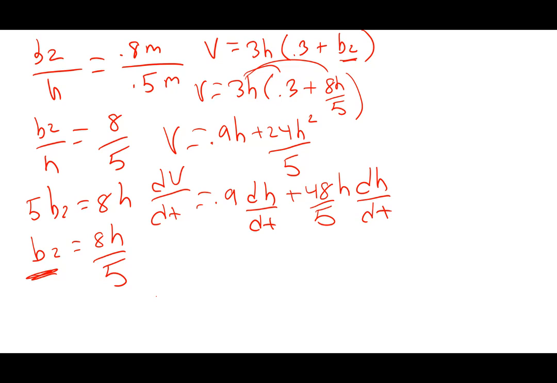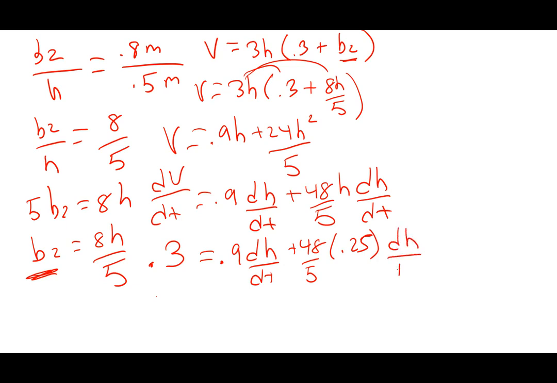So from here, we know that dV/dt, the volume, was changing at 0.3 meters. Then we also know that we want to solve this problem at exactly the time when the height is equal to 0.25 meters or 25 centimeters. So 0.3 is equal to 0.9 dH/dt plus, 48 fifths times 0.25 is 2.4 dH/dt.